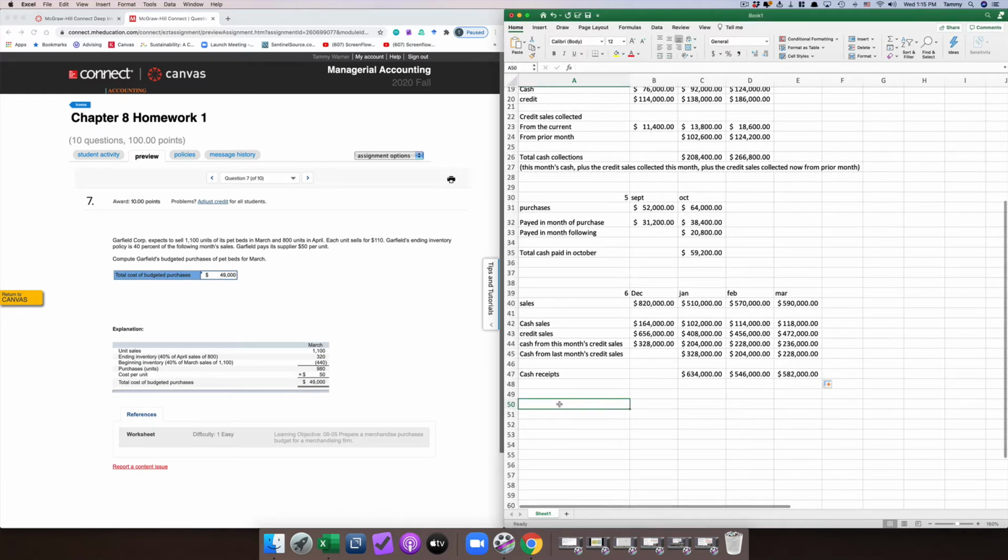Garfield, the cat. Garfield expects to sell 1,100 units of its pet beds in March, and 800 units in April. Okay, these are our units sold.